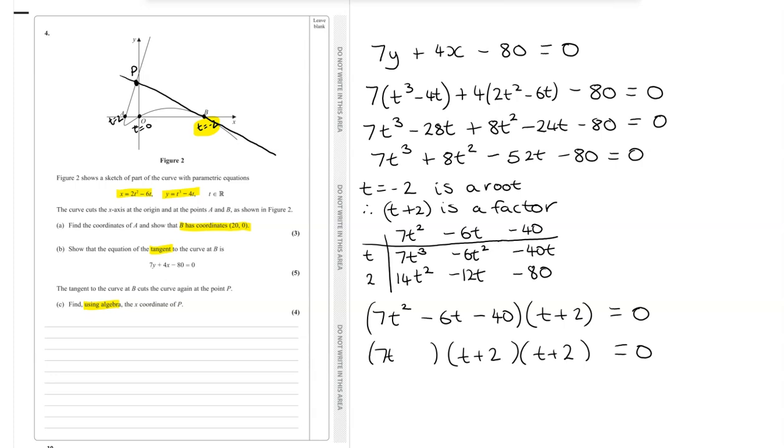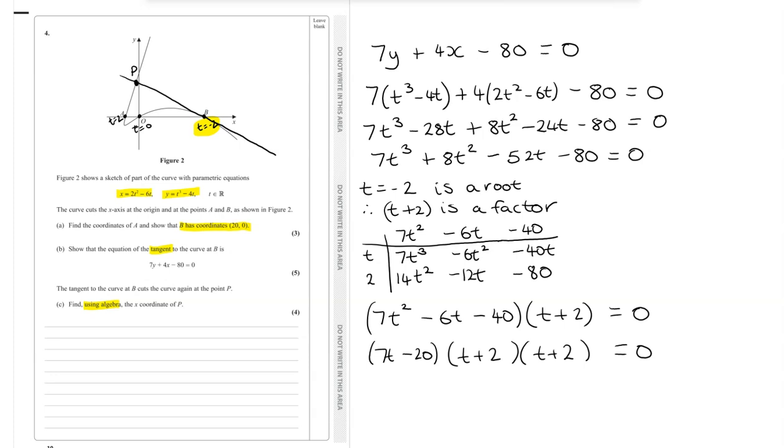So I can just factorise that. I'll be thinking, to make the 7t squared, I'm going to need 7t and a t. To make the 4t, there's quite a few options there, but as I said, one of these roots is going to be repeated, so it turns out it's the t plus 2. But like I said, you can cheat a bit here and just put it in your calculator to see that it's going to be that. So we ignore the minus 2 solution, that's the one we already knew.